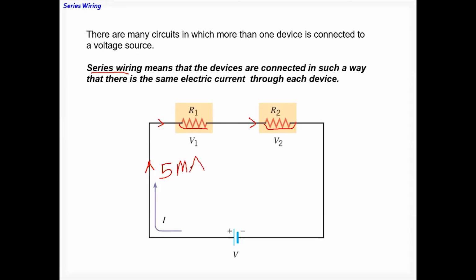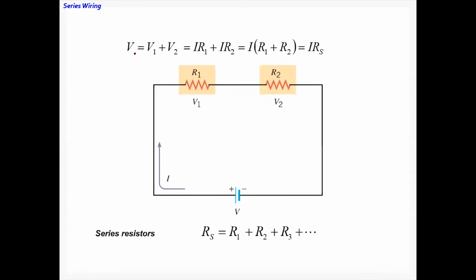Then the same 5 milliamp passes through R1, and the same 5 milliamp passes through R2. If you have this kind of connection, where the same current passes through each resistor, it is called series wiring.